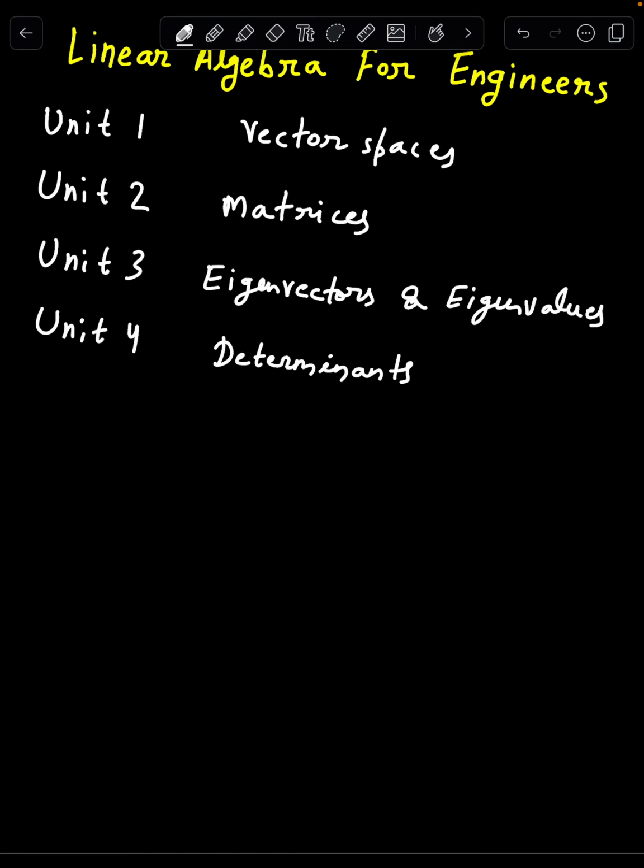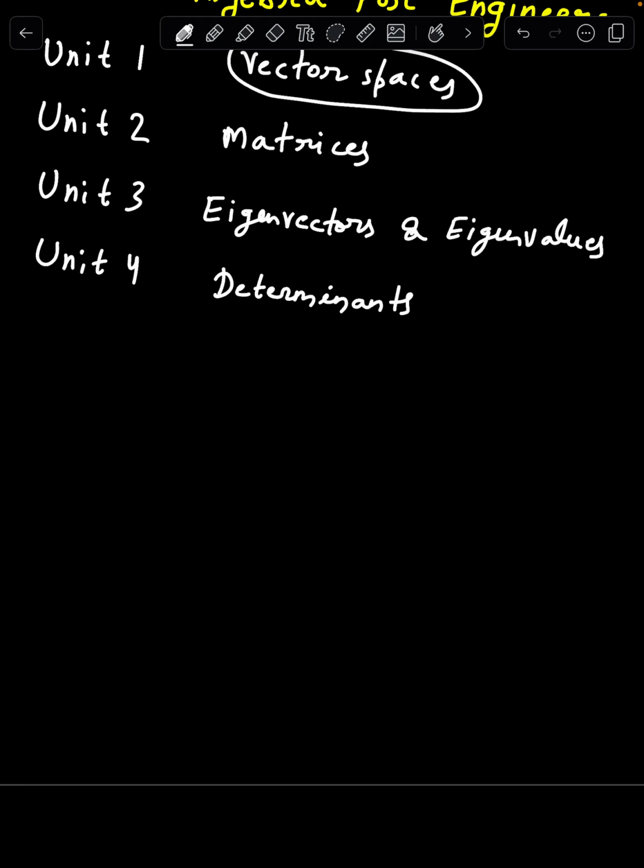Now, to start with vector spaces, first of all, one should know Cartesian products and the binary operations. So these are the prerequisites.